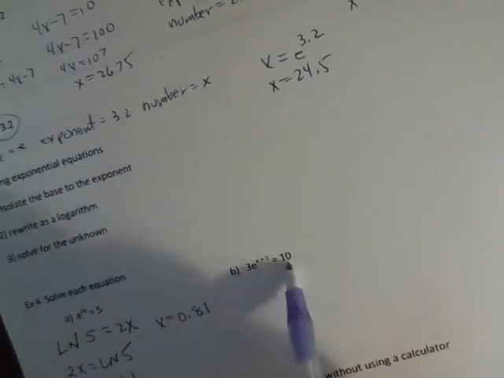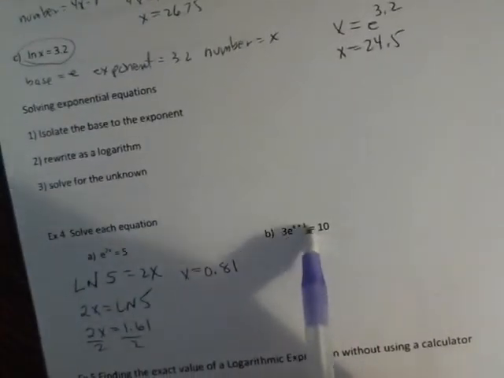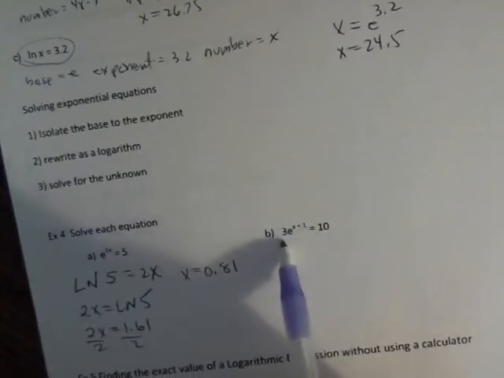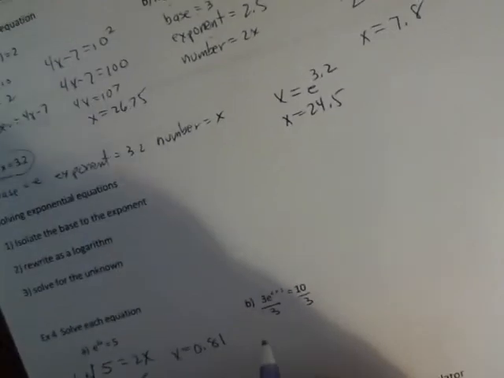Okay? Now, this next one. My base is e. My exponent is x plus 1. My number is 10, but I got this 3 here. So before I can say what my number is, I've got to isolate my base to the exponent.